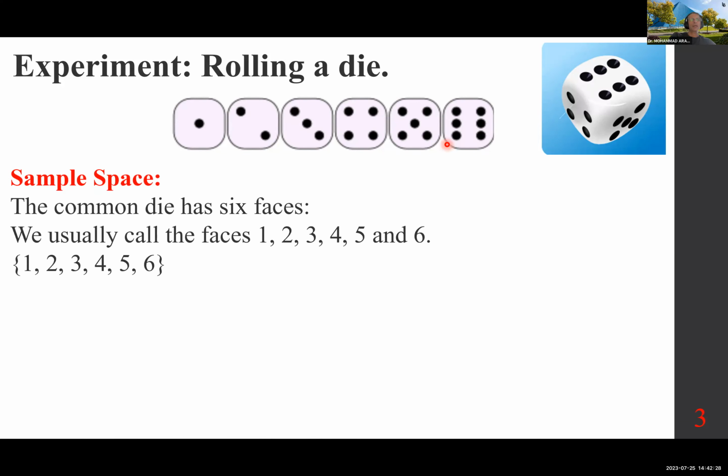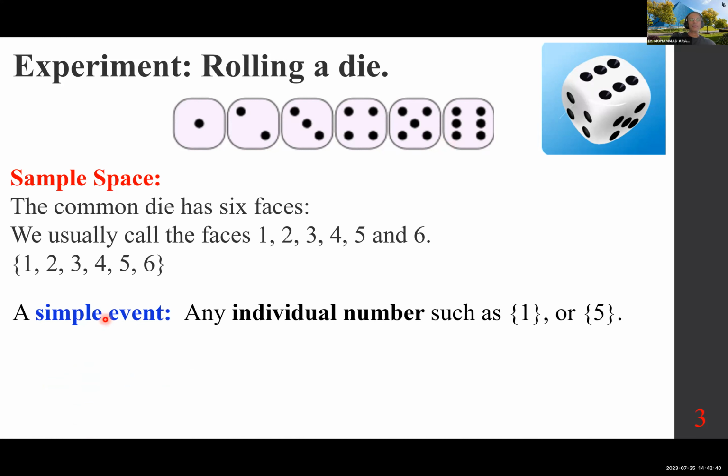Sample space. The common die has 6 faces. We usually call the faces 1, 2, 3, 4, 5, and 6. And here's the set. A simple event, any individual number such as 1 or 5.